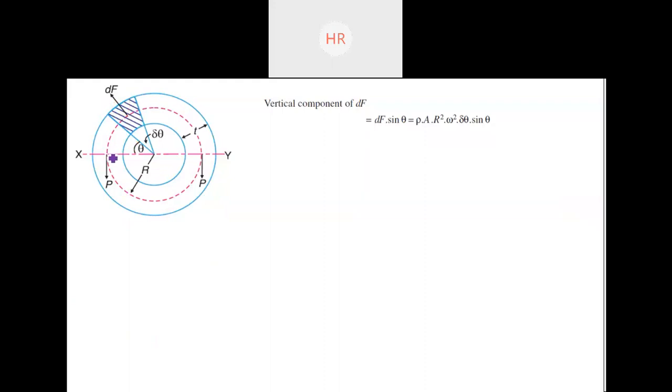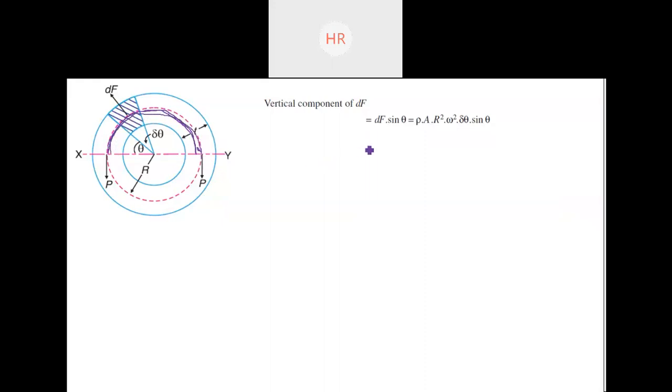Now if I want to find the total vertical component of centrifugal force, then I have to find the total centrifugal force acting on this upper half portion of this flywheel rim.